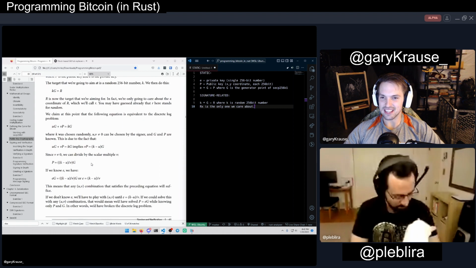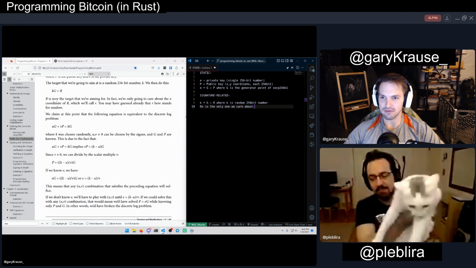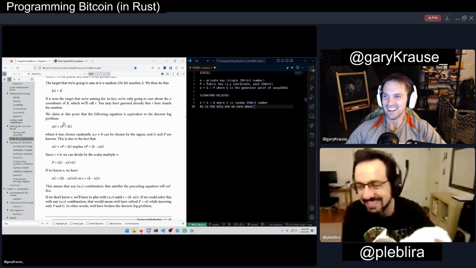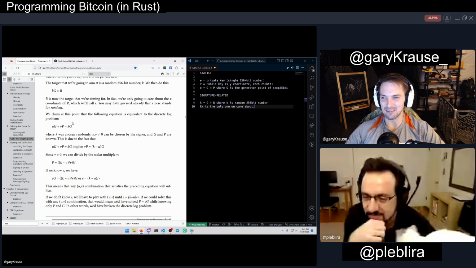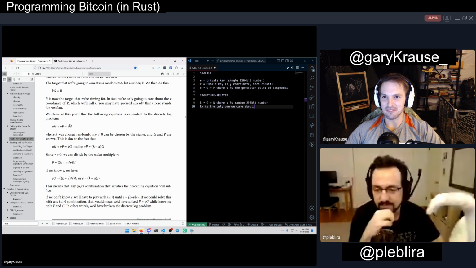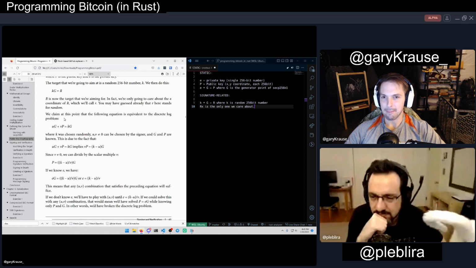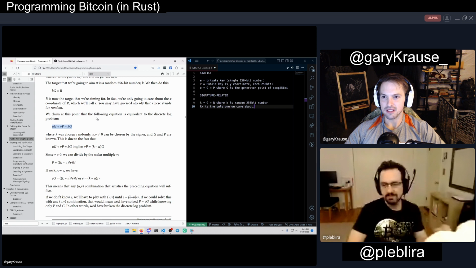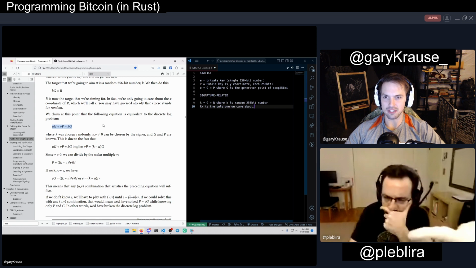Okay. Following the math again takes a little bit of brain power. This is talking about the point that is equivalent to the discrete log problem.